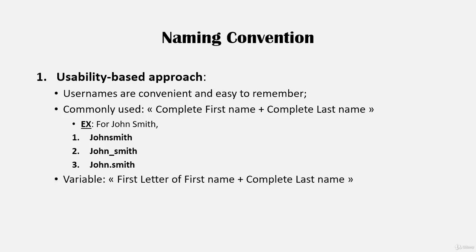Another variant can be the use of the first letter of the first name plus the complete last name. For example, the username for John Smith can be JSmith concatenated, J_Smith or J.Smith.